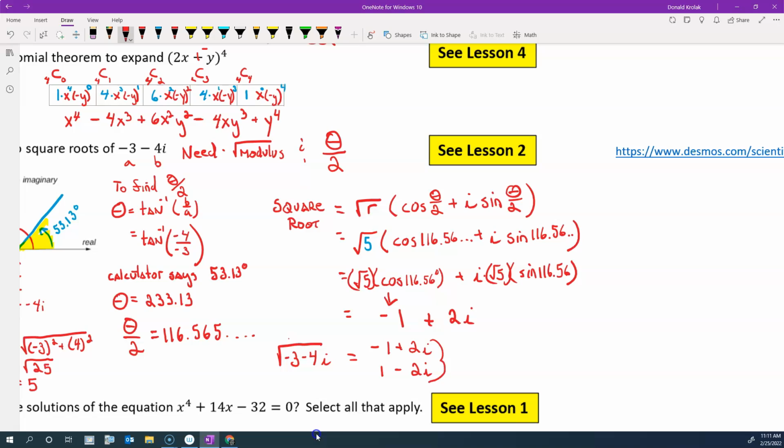And those are my two square roots. Remember, these should be opposites of each other, not conjugates, opposites. So I multiply the real part by -1 and the imaginary part by -1.